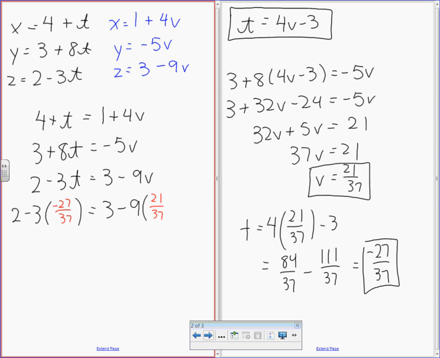Now there's a chance. The reason I say there's a chance is that both sides say over 37. So there's potential for this to work. Hopefully it does. Okay, so I'm going to write this as 37 times 2 is 74.